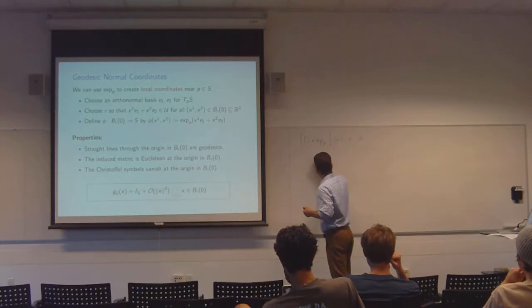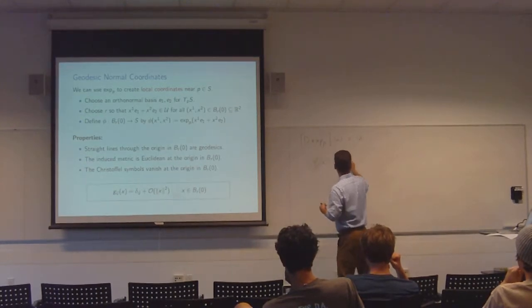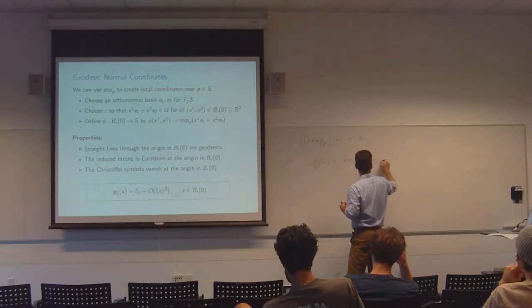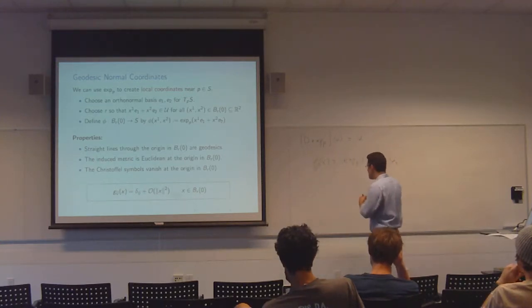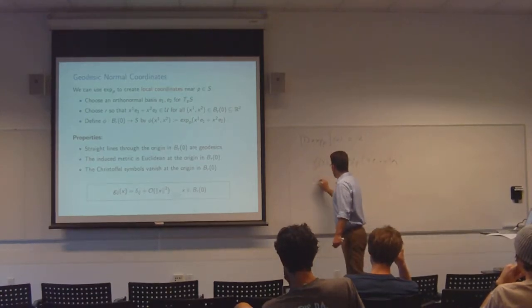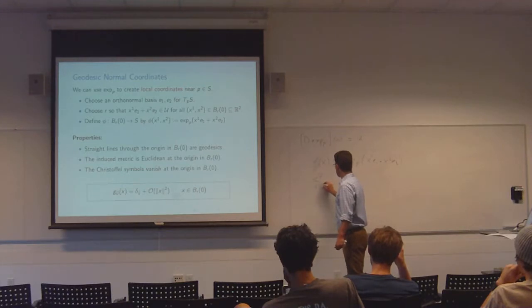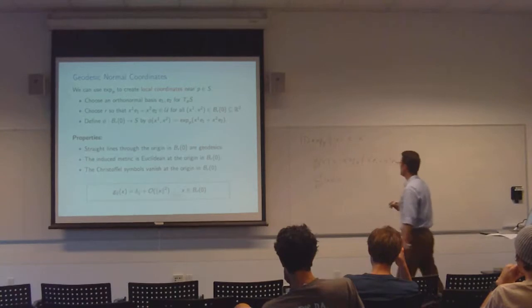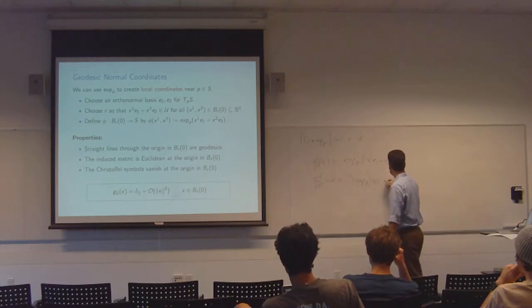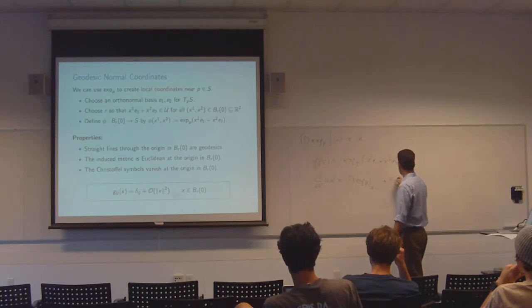Phi of x is equal to the exponential at p of x1 e1 plus x2 e2, right? So d phi by dx1 at 0, 0 really ends up being the differential of the exponential map at p, at 0, acting on the vector E1.